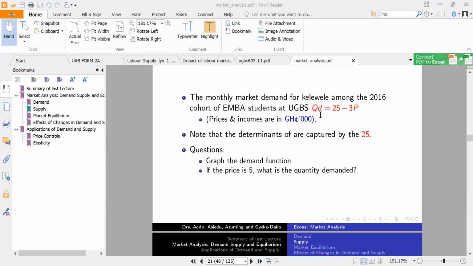Okay, so here you rewrite this equation, and let me do it on the whiteboard. So we are saying that you have QD equals 25 minus 3P.